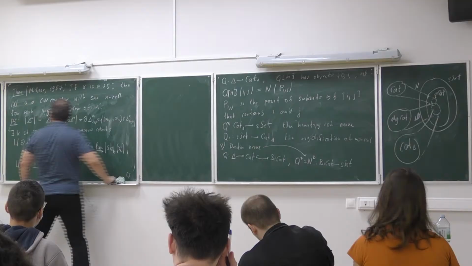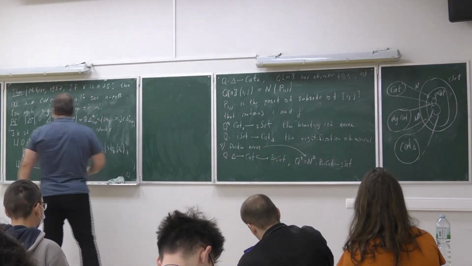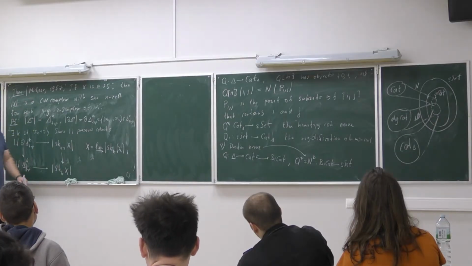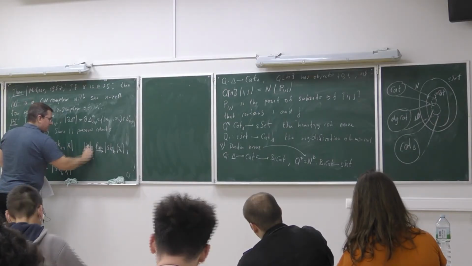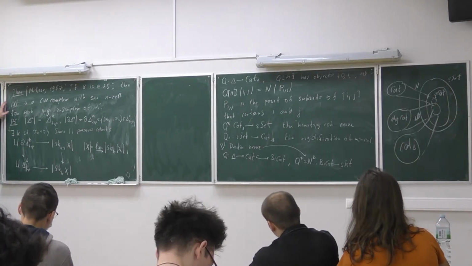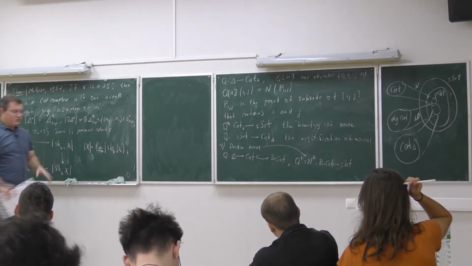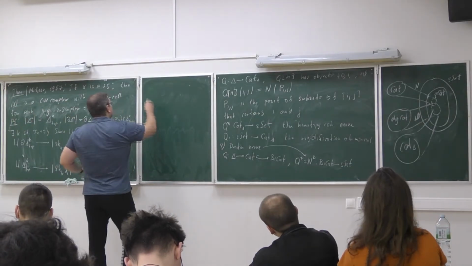Okay, so this is one property of geometric realization, and another property we should discuss. Ah, yeah, thank you. So you can see that this property is quite simple, follows from the general theory, and there is another property that's not so simple. It requires some interesting proof.